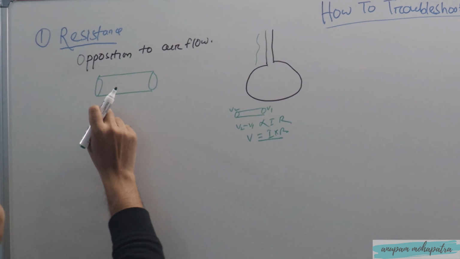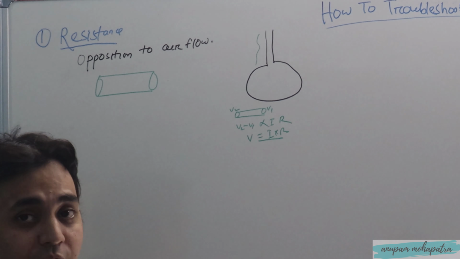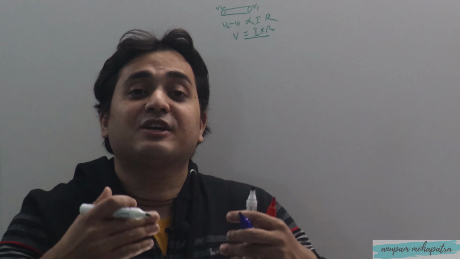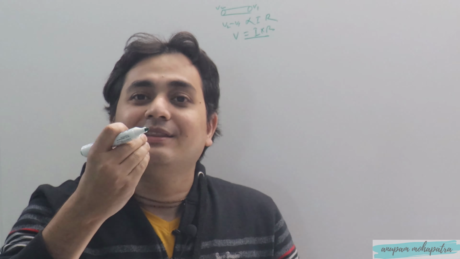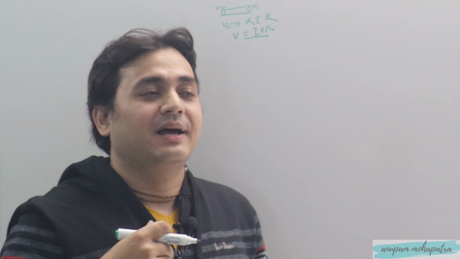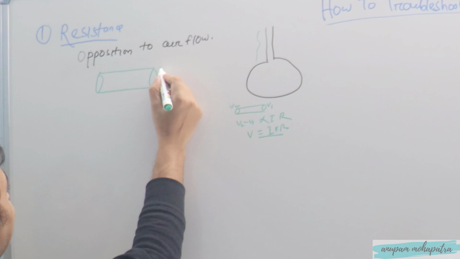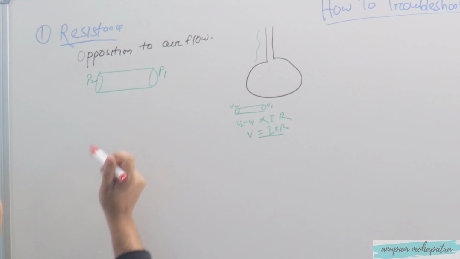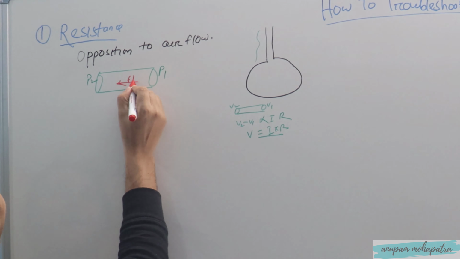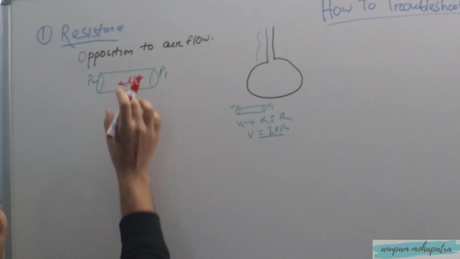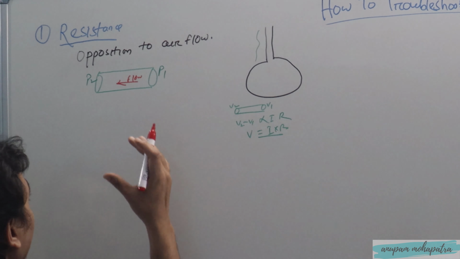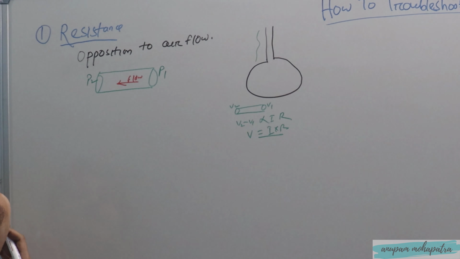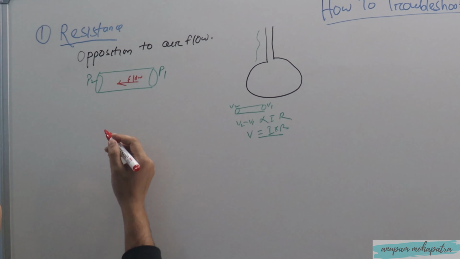The same formula will apply here. How does the air flow in the airway? Because there is a pressure difference between the atmosphere and the inside of the lung. So there is a delta P here. Here is a pressure P1, P2, and air is flowing through it. It is a flow. Because it cannot expand outwardly, it has to overcome a resistance that is coming in its way.